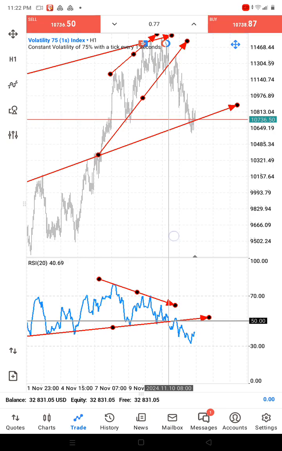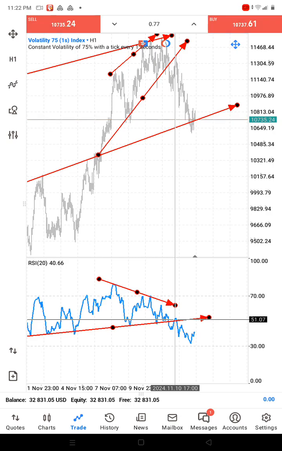And as it went down, market came up and touched our trend line. Where did it touch our trend line? So it touched on the price action, and also it touched on the RSI. This now gave me a confirmation that, okay, the market is about to sell.